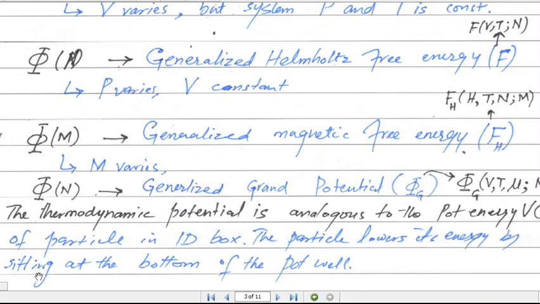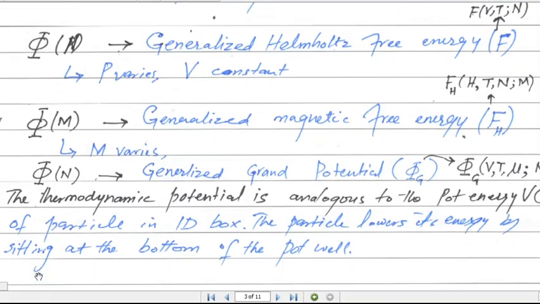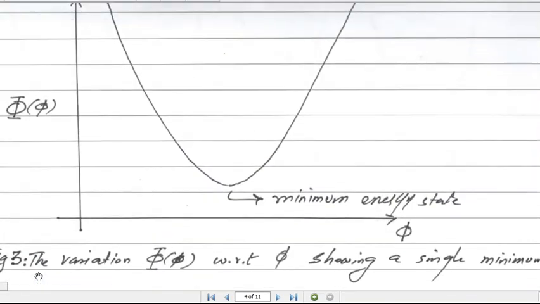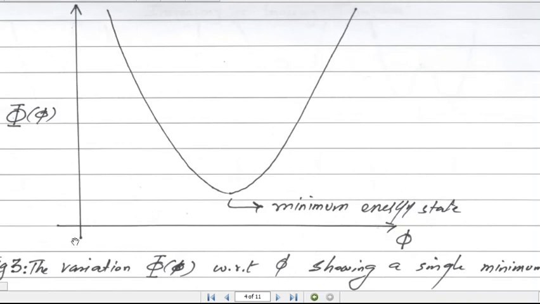Similarly, this picture can be taken in this case, and the thermodynamic system basically lowers its energy by sitting at the bottom of this thermodynamic potential.